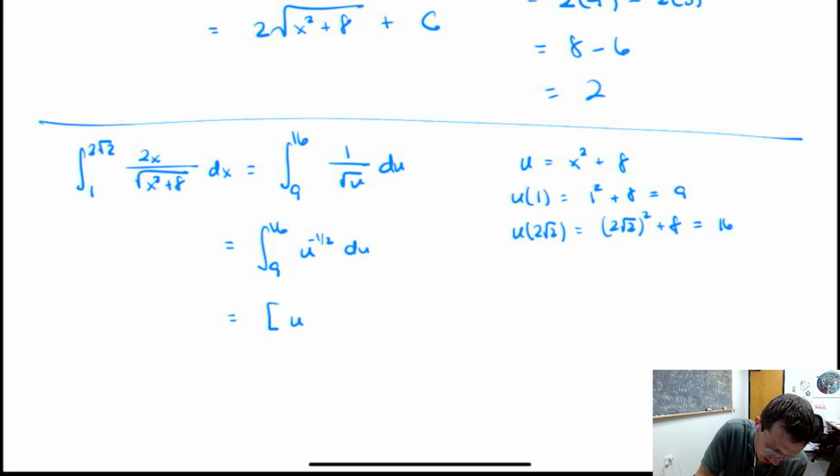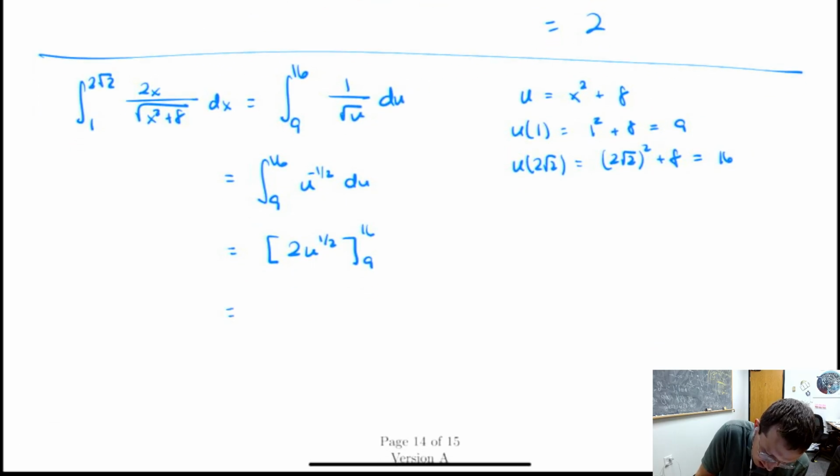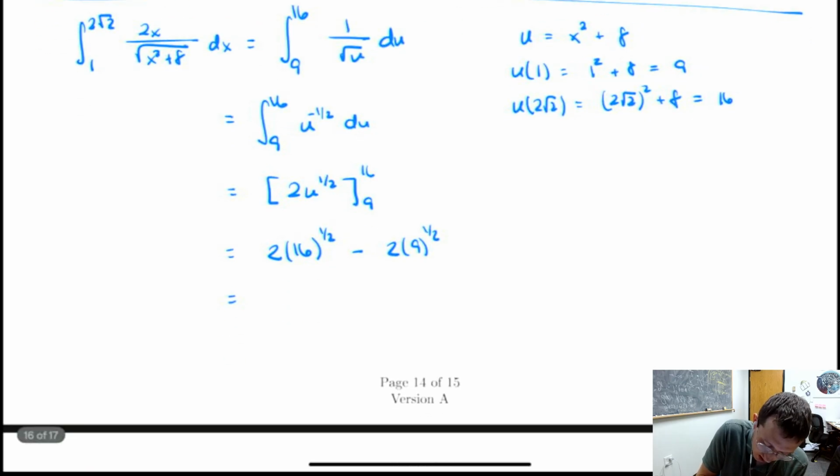I'll find my antiderivative, which is 2u to the 1/2. I evaluate it from 9 to 16, which means plugging in 16 and 9, and evaluating, and subtracting. And it, of course, comes out to 2 once again.